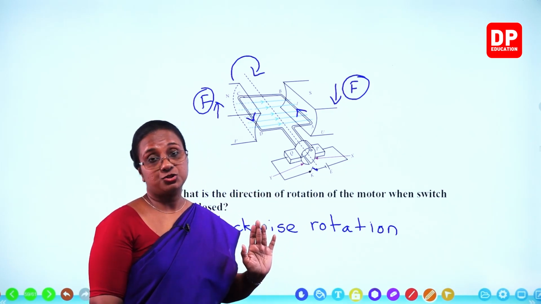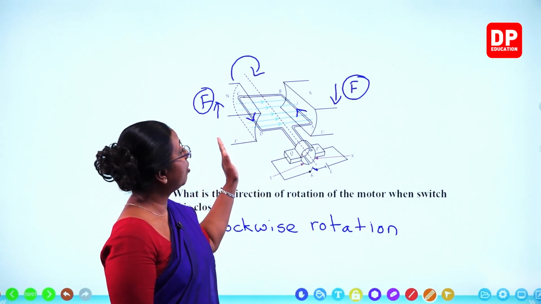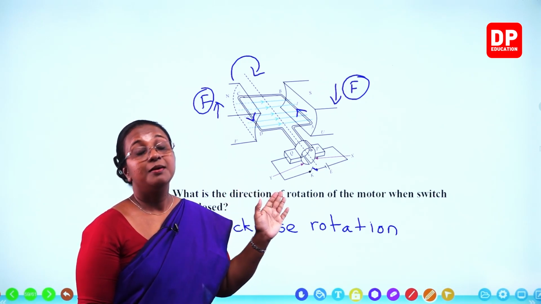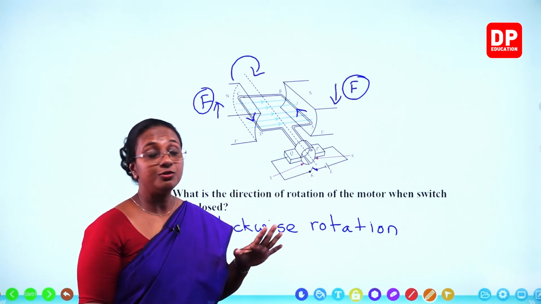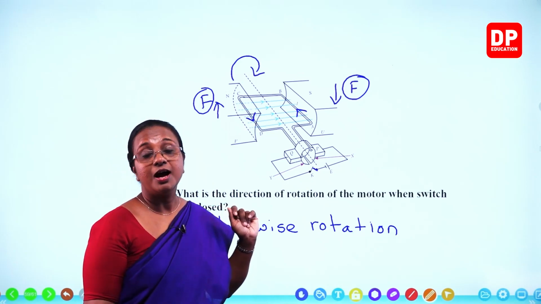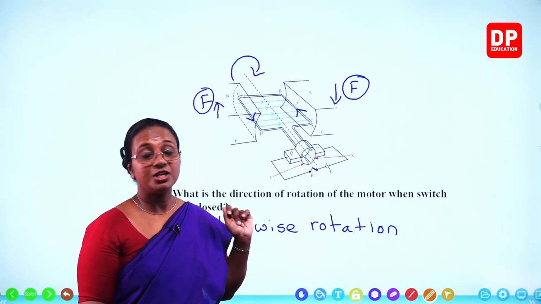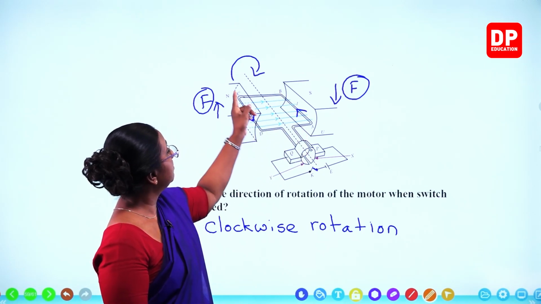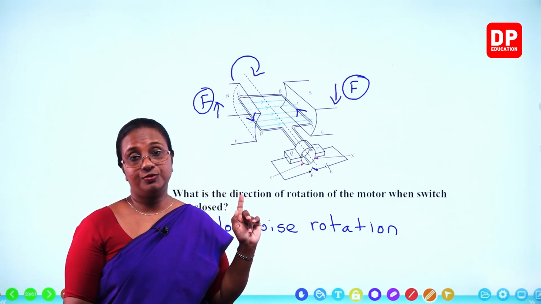But just to make sure, it's better if you apply it for both parts. But like I said, once you get used to it, you can just determine the direction using the direction of force either on AB or just CD alone.